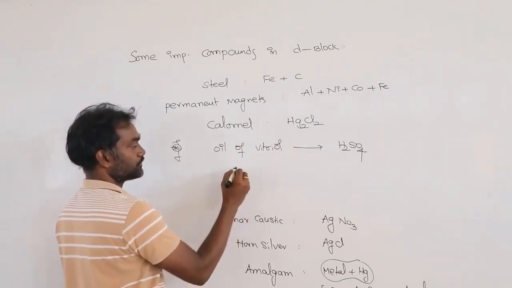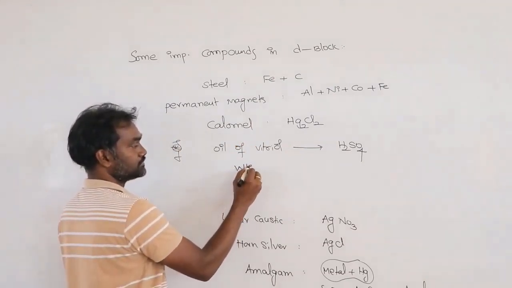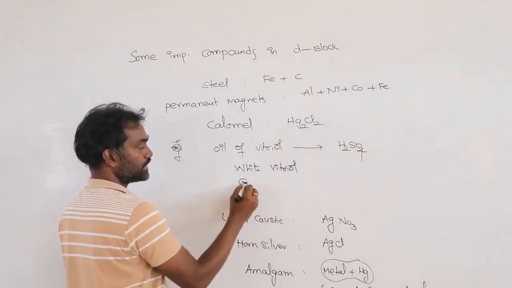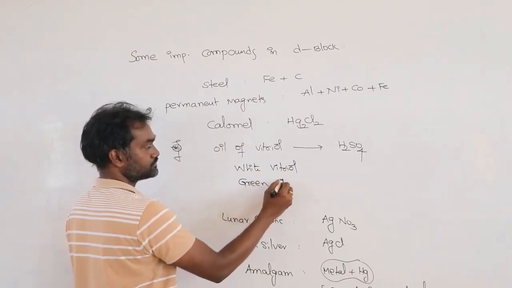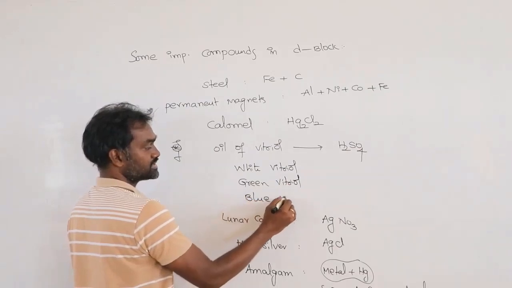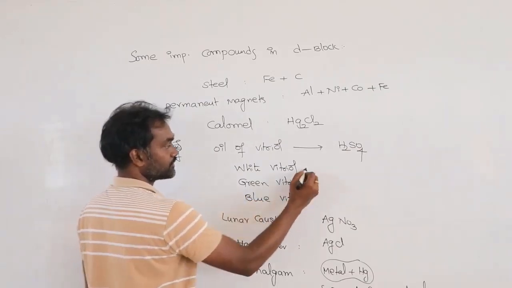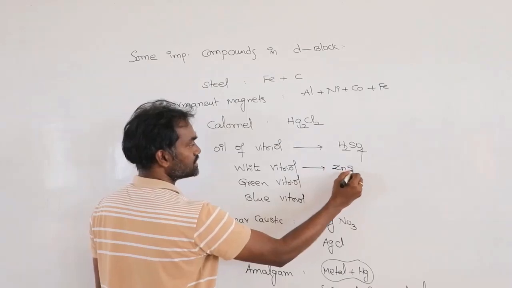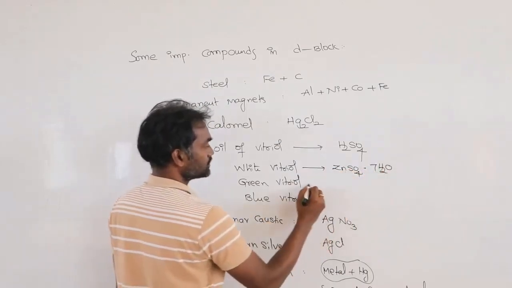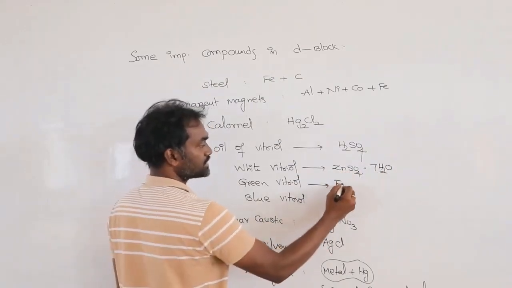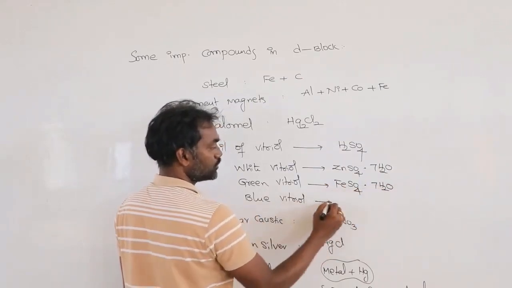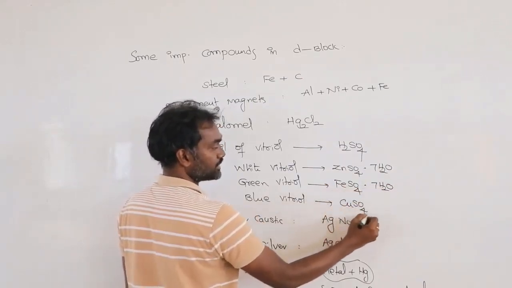So actually white vitriol, green vitriol, blue vitriol. So these three are famous. So white vitriol means zinc sulfate with 7 water. So green vitriol, that is iron sulfate. Next, blue vitriol is copper sulfate.